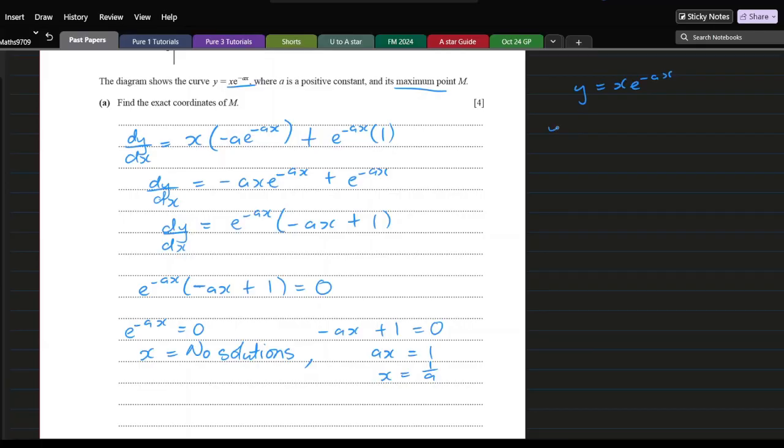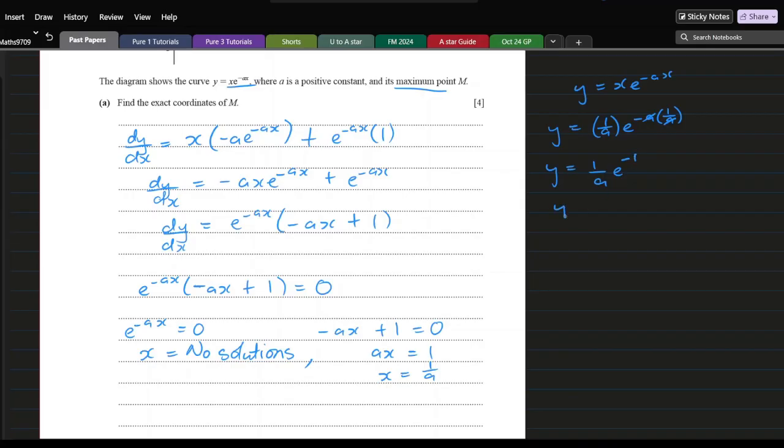So this becomes y is equal to, wherever there's an x, we're substituting with 1 over a. So that's e to the negative a times 1 over a. So y is equal to 1 over a. This here will cancel out, and so we end up with e to the negative 1.